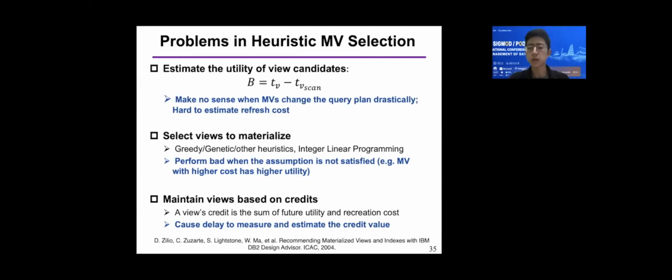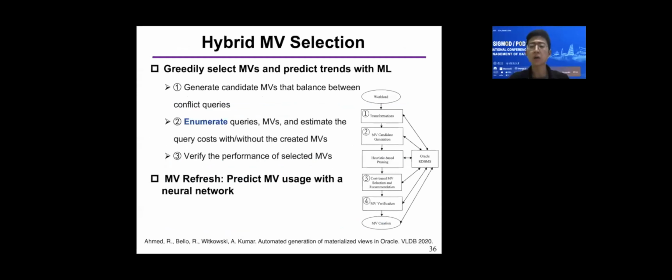However, the performance can be very bad with assumptions like MVs with higher costs can have higher utility. Besides, traditional methods need to estimate the credit, that is the sum of future utility and the recreation costs, to decide whether to build the MVs.